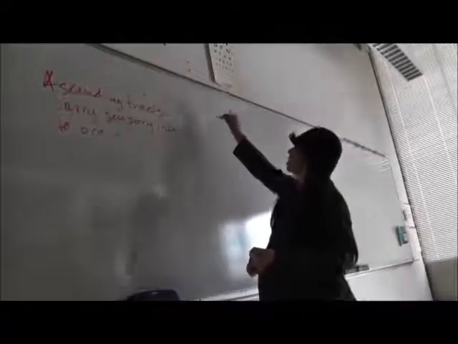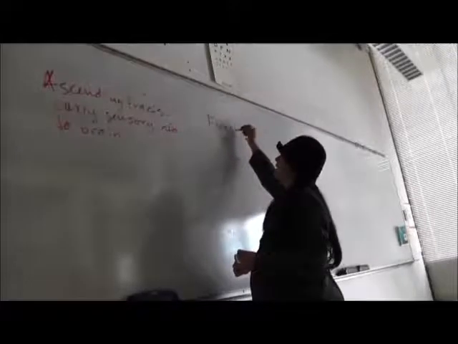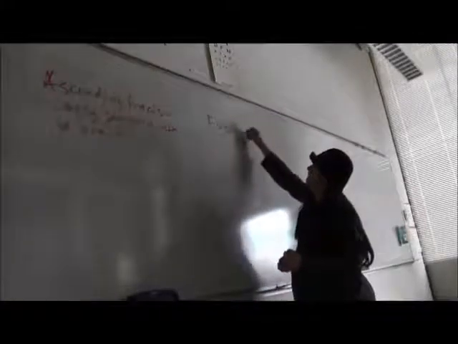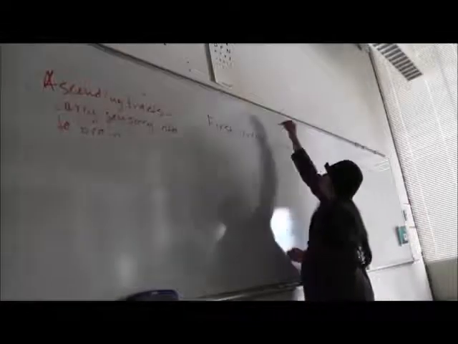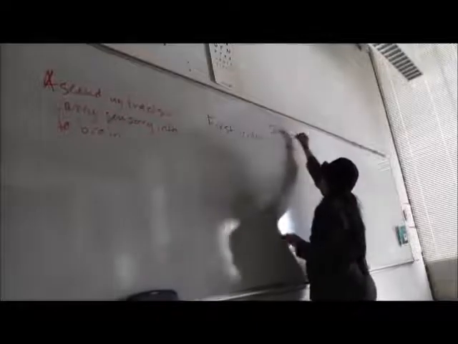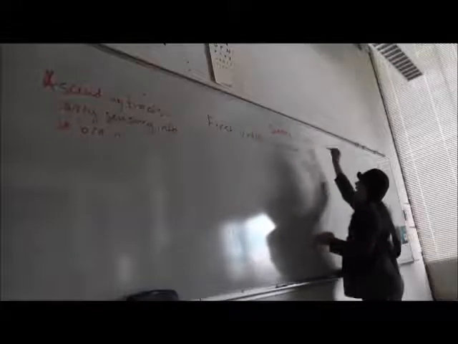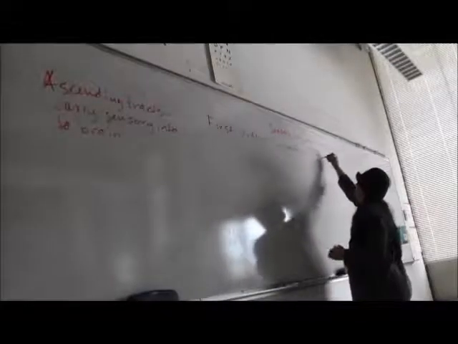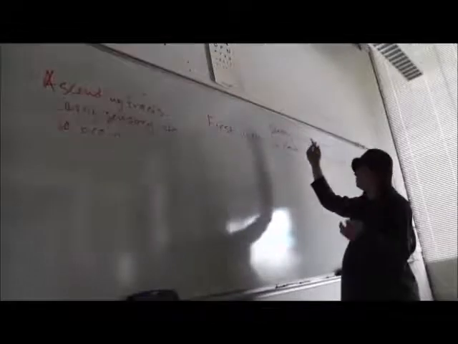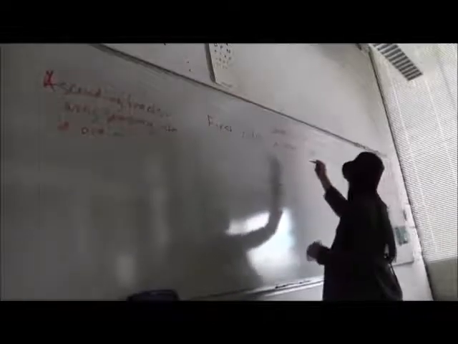And our first order neuron is going to be the neuron that is in contact with a receptor. And this is a sensory neuron. It's unipolar. And it's in contact with a sensory receptor. So its peripheral process goes out and touches a sensory receptor, and synapses on an inner neuron, either in the medulla oblongata or the spinal cord.